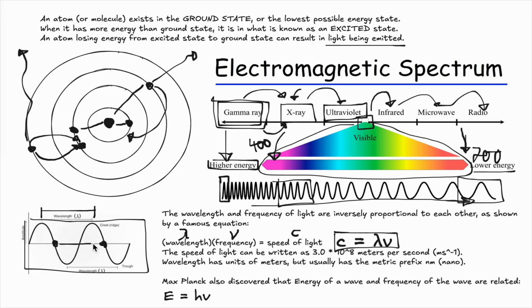So the distance between these two points is our wavelength, which I'll call lambda, as according to the equation. And our frequency just tells us how many times the wave passes through a specific point in one second. So if I isolate this point over here, and then I let my wave run, and I count how many times a full wave runs through that point in one second, that would be our frequency, all right?